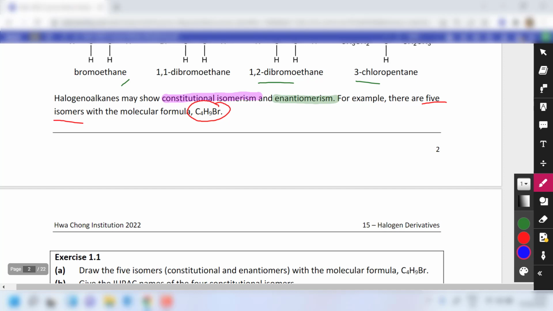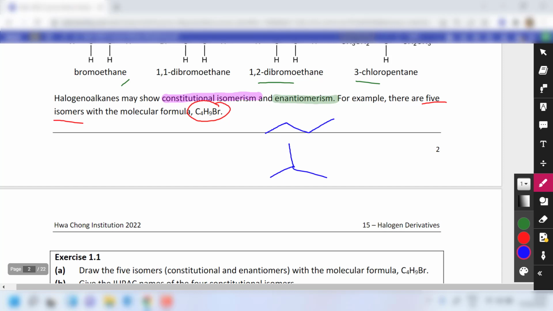If we have 4 carbons, we'll draw a straight chain, 1, 2, 3, 4. So this is the longest possible chain, and then we'll try to branch it like this, and from here we will then insert the Br at the appropriate position.